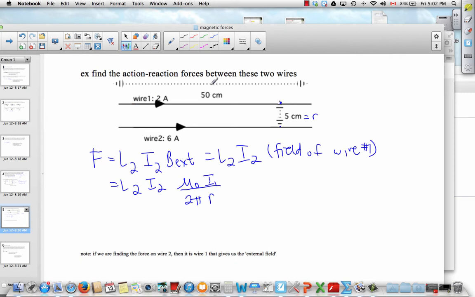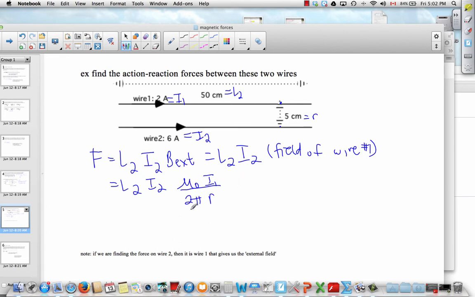So the length L2 is 50 centimeters, and all of wire 2 is in the field of wire 1. I2 is 6 amps. This will be I1, the current in wire 1, and we know the distance and the magnetism constant.